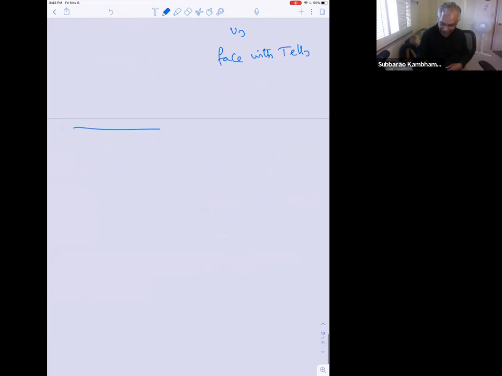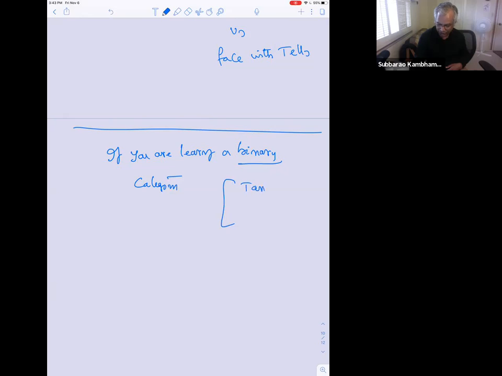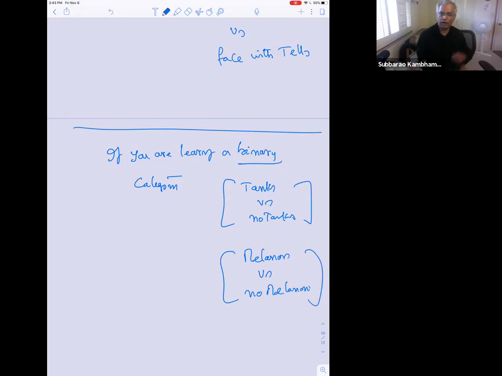That brings me to another very interesting point. If you are learning a binary category, for example, tanks versus no tanks, or melanoma versus no melanoma, that means you give data and this thing has to say yes or no. That's it.